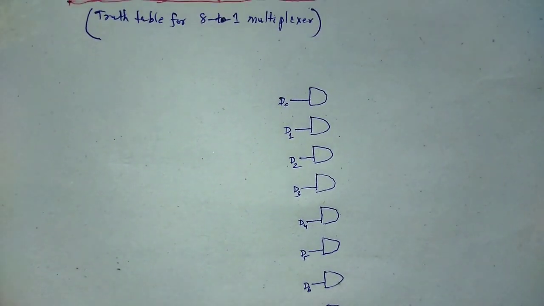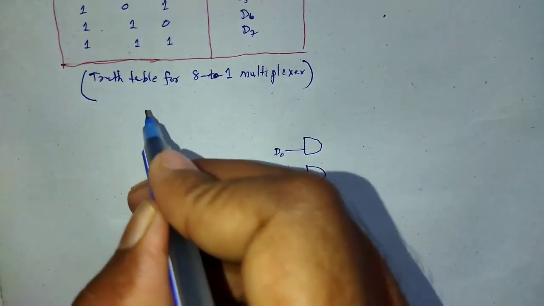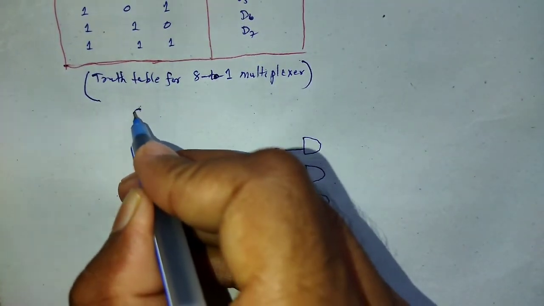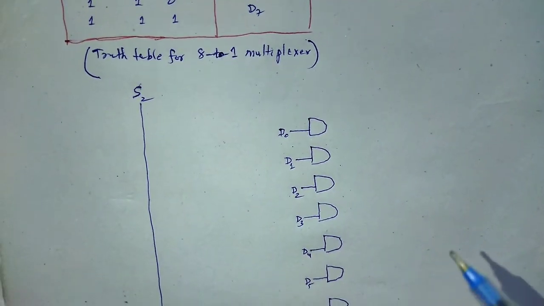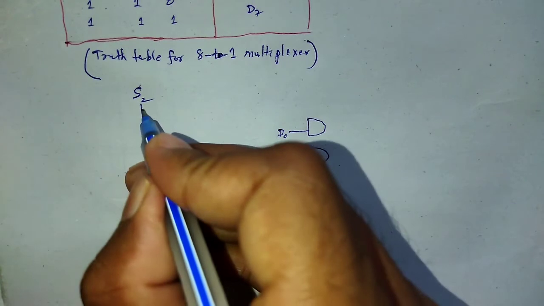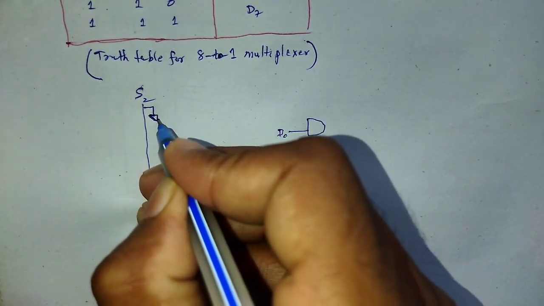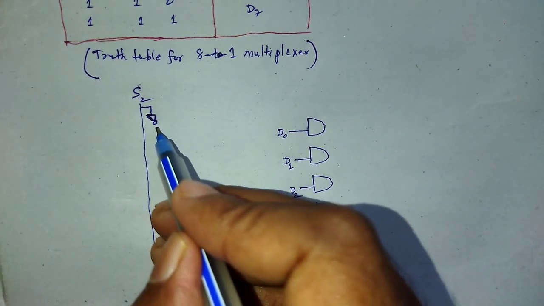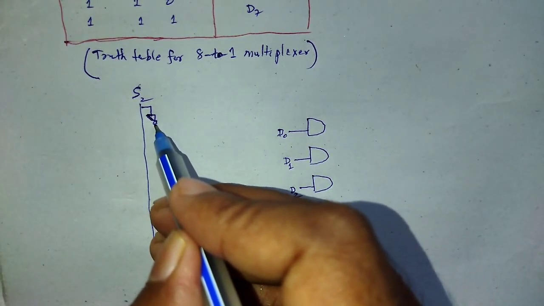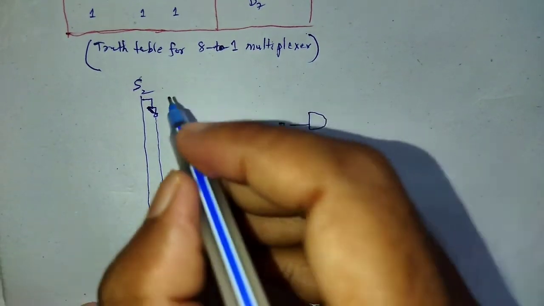Next, we have S0, S1 and S2. For this we select the S2 line. Next, we have to choose S2 dash. We use a NOT gate. It's selected for the S2 dash line.